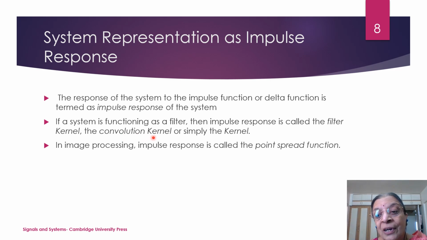Why convolution kernel? Because this kernel will get convolved with the input to find the output. That is why it is called the convolution kernel, or simply termed the kernel. In image processing, impulse response is called the point spread function. So there are different names given to the same function, that is the impulse response.